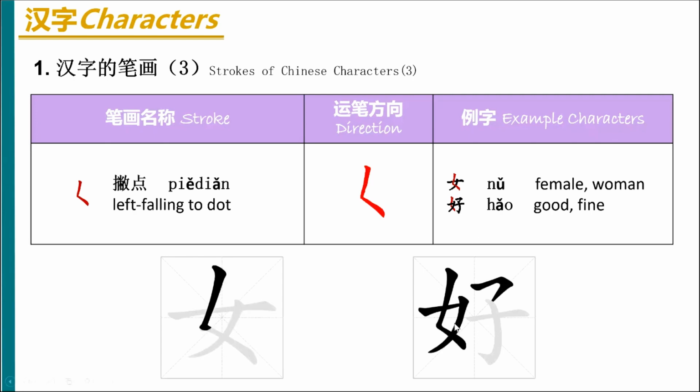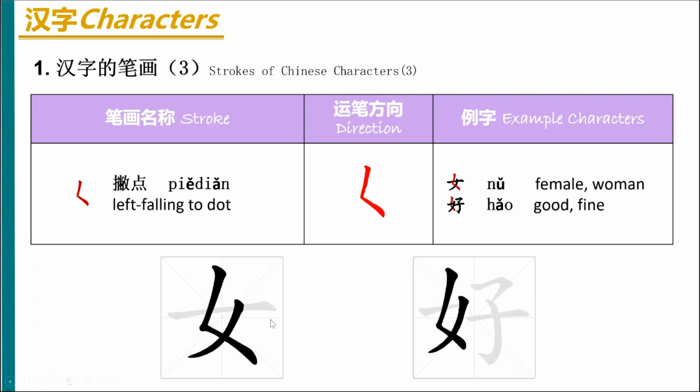好, 好 means good. If we divide 好 into 2 parts, the left part and the right part, we can tell that the left part actually looks like this 女, right? We call it 偏旁, 偏旁.